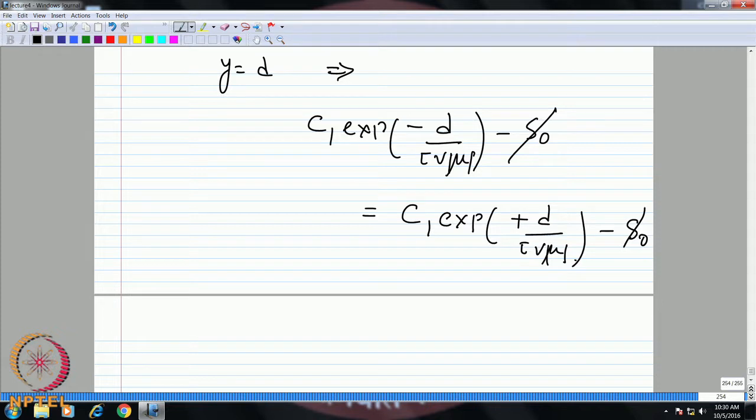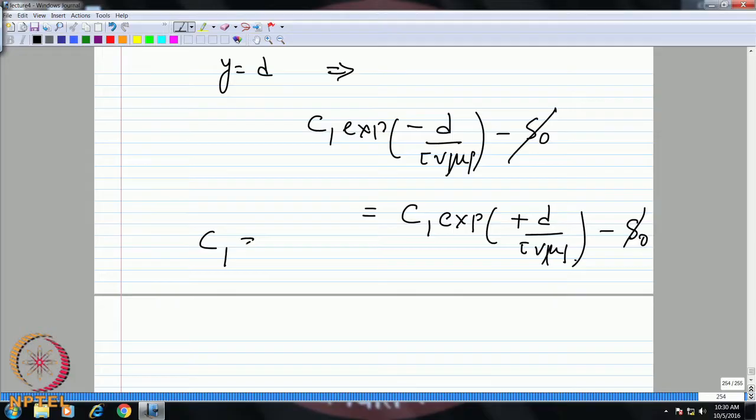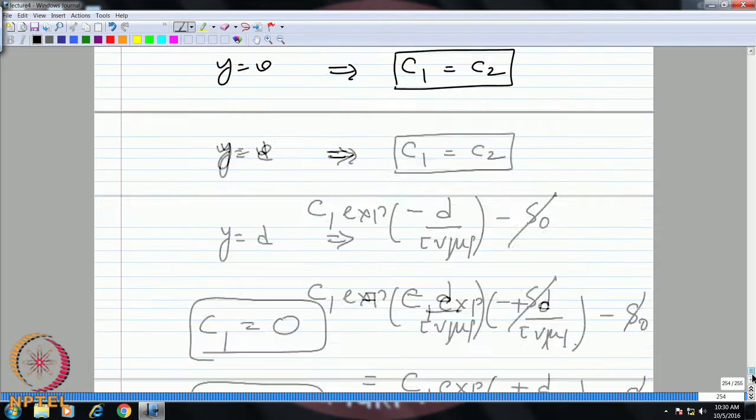Now, this expression left hand side should be equal to the right hand side, but clearly how can this be possible? You have one side positive mu, the other side negative mu. So, this can be equal only if C1 equal to 0, right. So, C1 equal to C2 equal to 0.